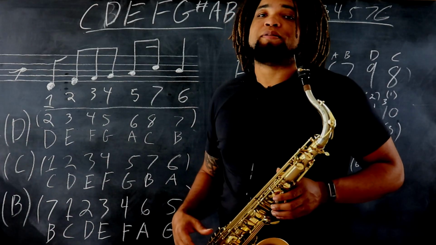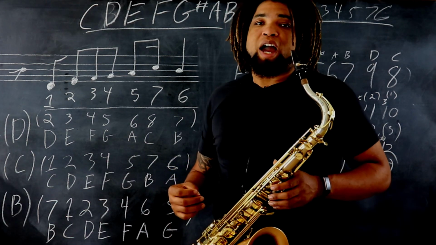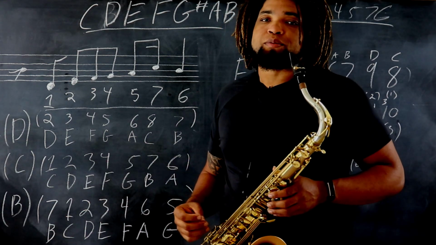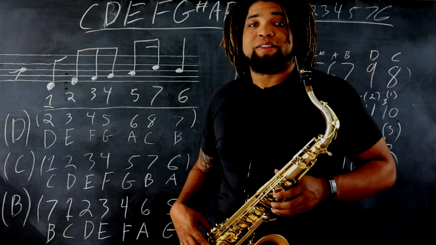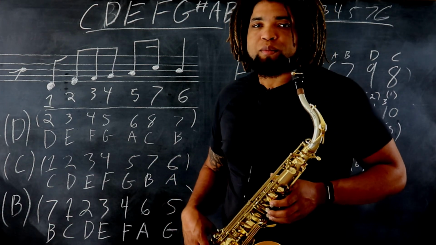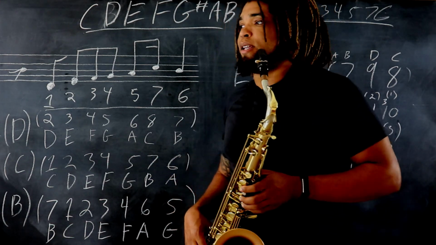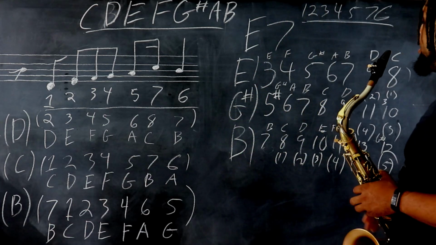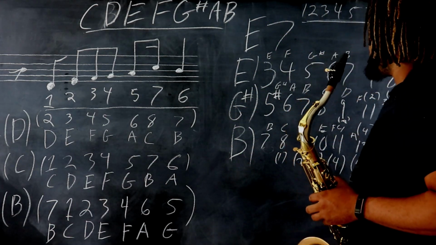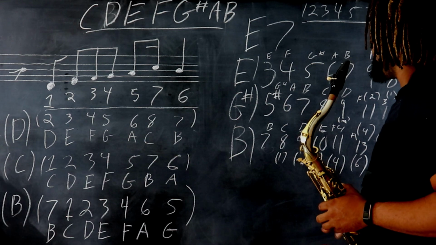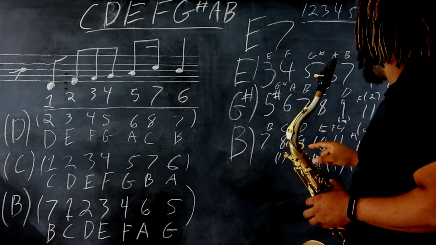You have to identify what kind of sound you're after and what techniques will correlate to that sound and that style. That being said, let's take a look at the E7 triad and how it's adapted to this lick.